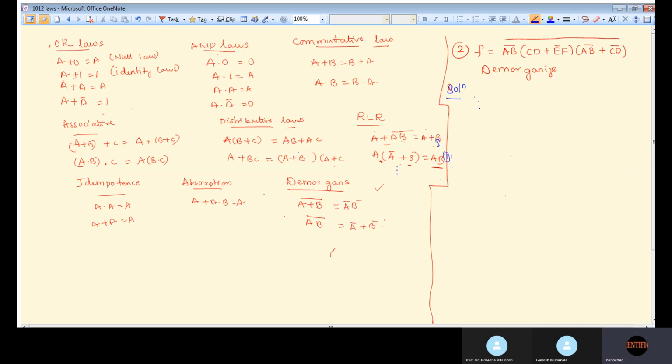So what is the expression? F is equal to AB bar, whole bar.